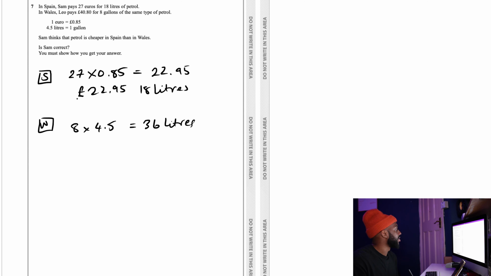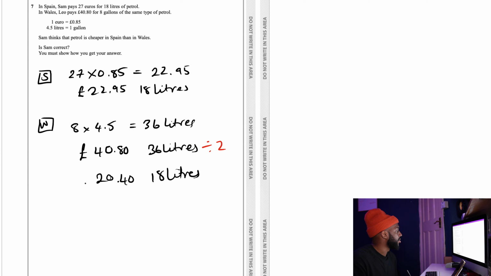So that means he's spending £40.80 on 36 litres of the same petrol. To be able to compare these better, I'm going to divide this by 2. So they're both 18 litres. So for 18 litres, Leo's spending £20.40.